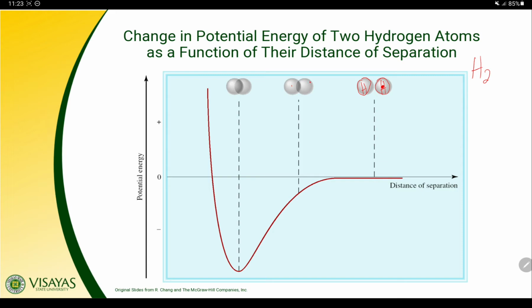This electron could be attracted to the nucleus of the second atom because they have opposite charges, and opposite charges attract. And same with the other atom. Our electron from this atom could also be attracted to the nucleus of this hydrogen atom. So first, there could be attraction from the electron to the nucleus of the other atom.